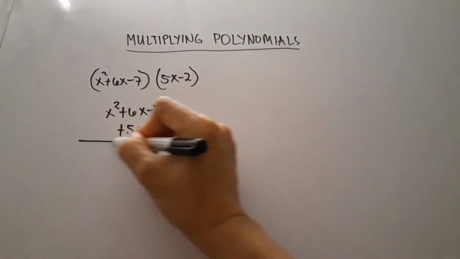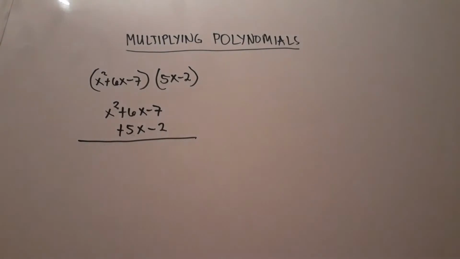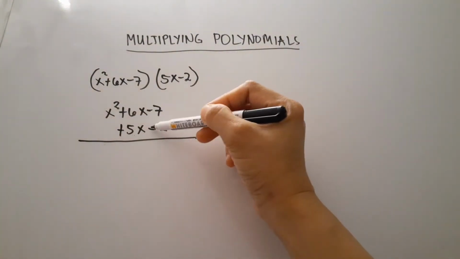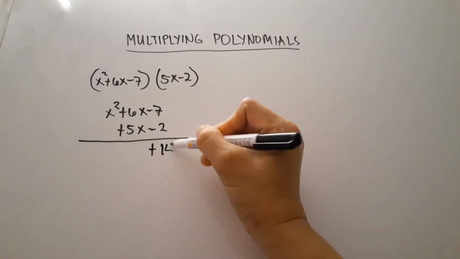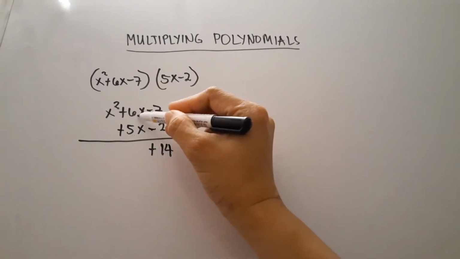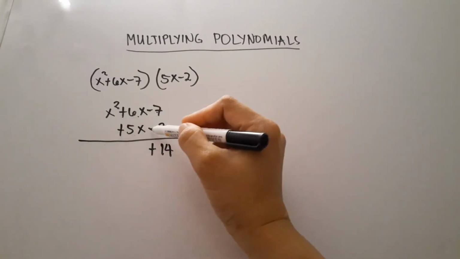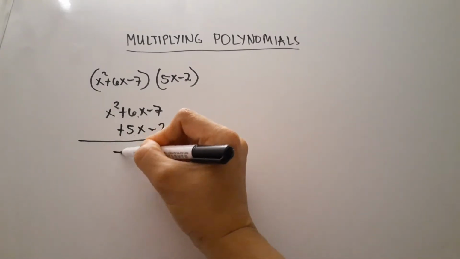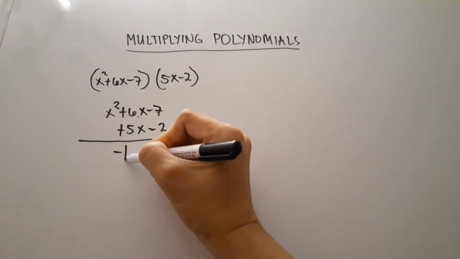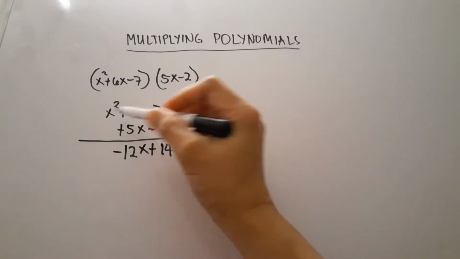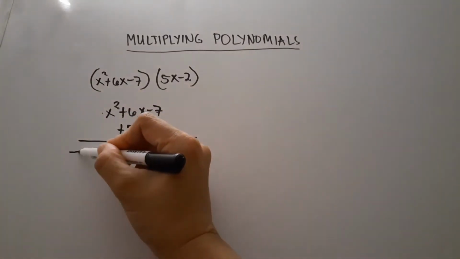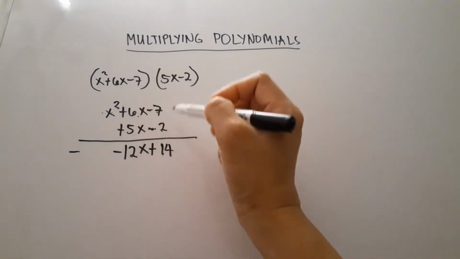By using the vertical method, we can multiply the first row by negative 2. So negative 2 times negative 7 becomes positive 14, because negative times negative becomes positive. Negative 2 times positive 6x becomes negative 12x. Then negative 2 times x squared becomes negative 2x squared.